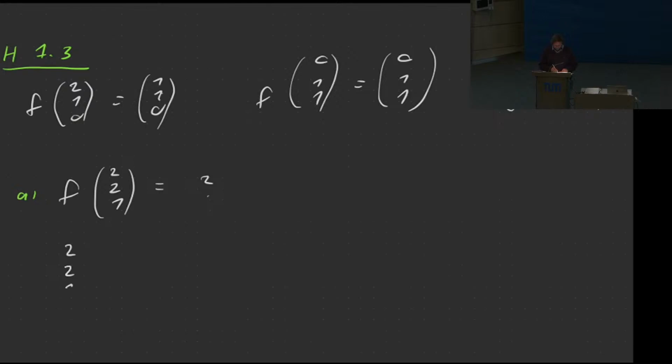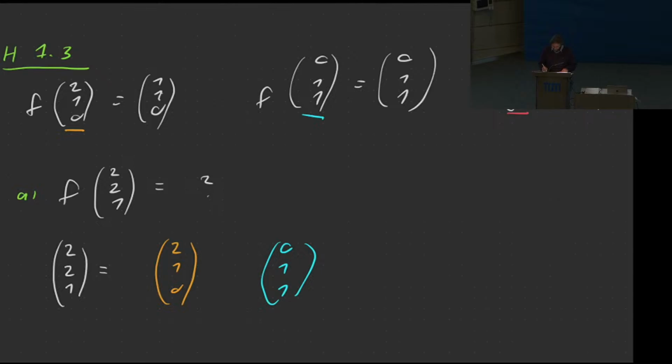So that means we'll have to find coefficients for those three vectors here, such that the vector we want is represented as a linear combination of those three, right?